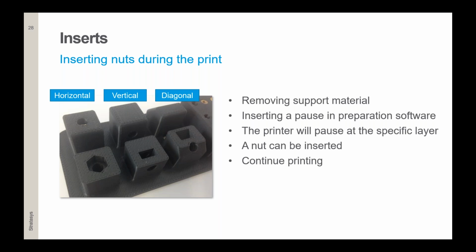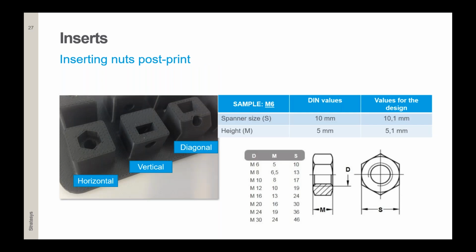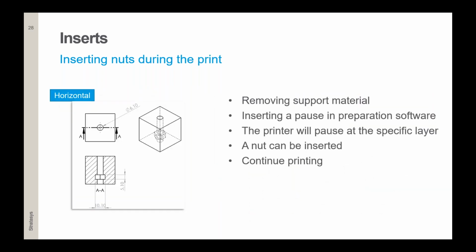Using hexagonal nuts in the horizontal position, alongside like this, will require the operator to remove support material from these places. But you can, if possible, make a self-supporting angle right here and save the operator a little bit more time by removing those support structures.